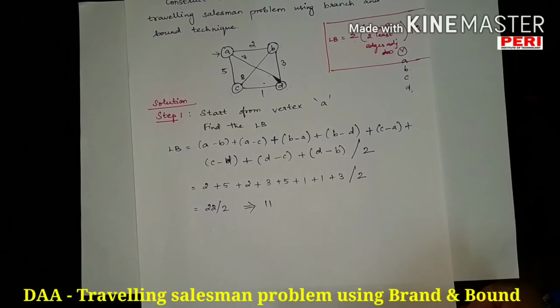Okay, the next thing is for B. B doesn't have any problem. Why? Because we are not going to consider B here. So the least cost edges adjacent to B are 2 and 3. Therefore the edges that I am going to take are B to A plus B to D. And for C you have to choose it peculiarly, which means B and D don't make any problem, no issues here.